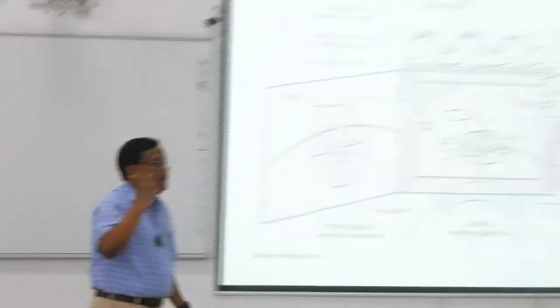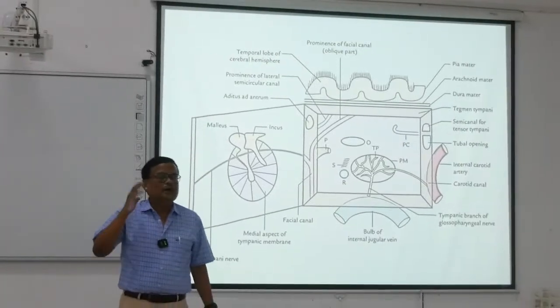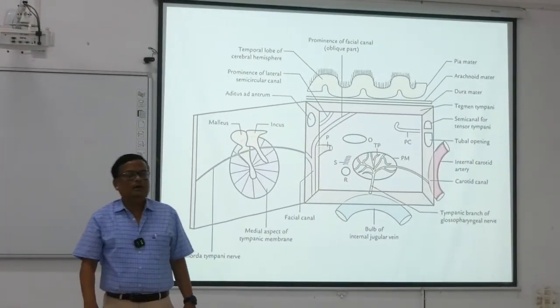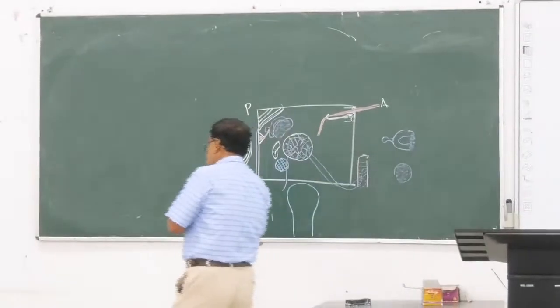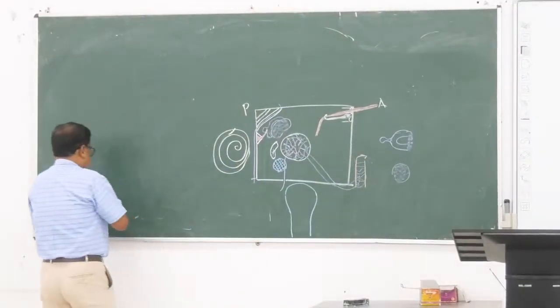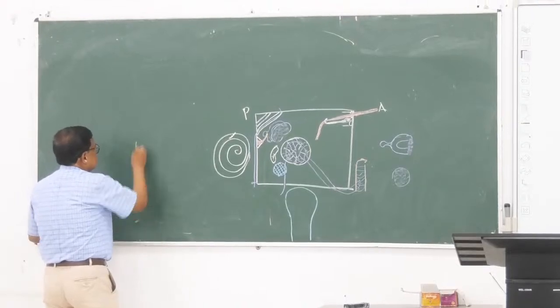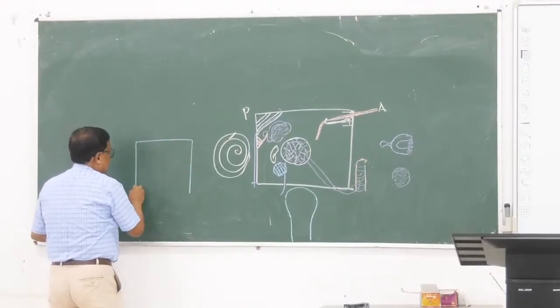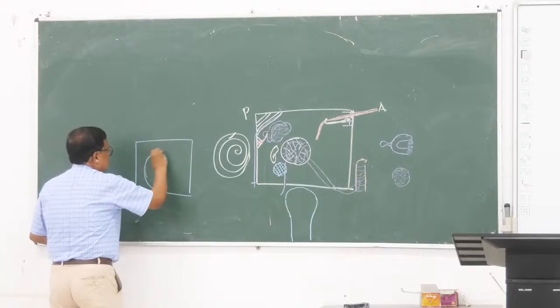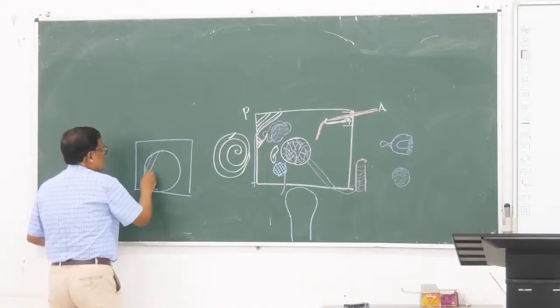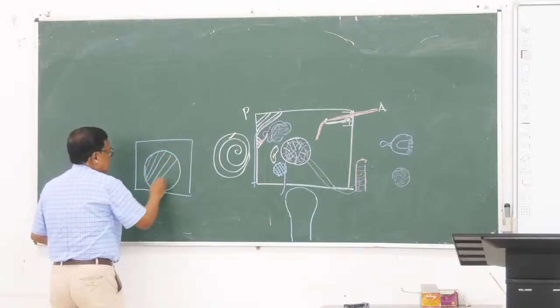Next, features of the medial wall. The most important part is the lateral wall, which is mainly occupied by a membrane called the tympanic membrane.